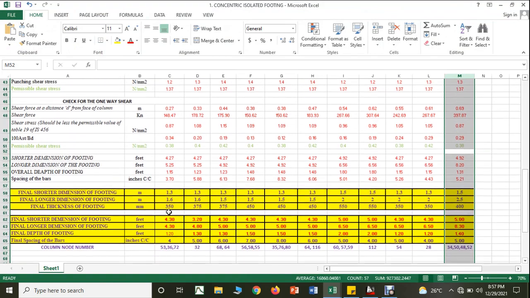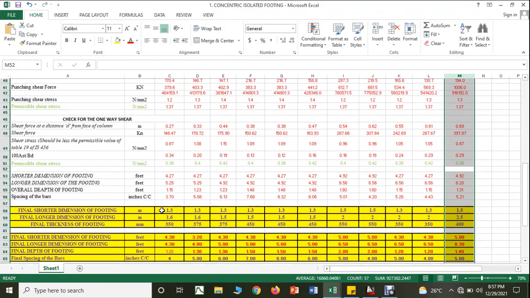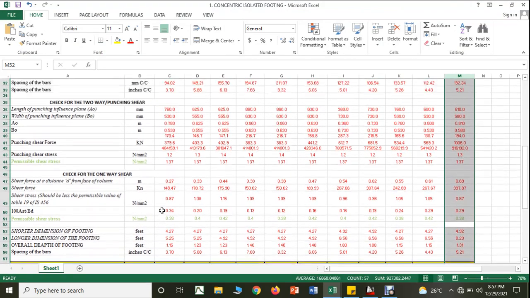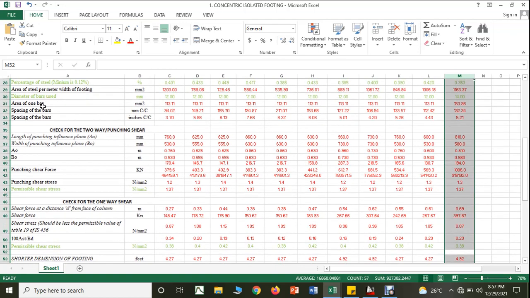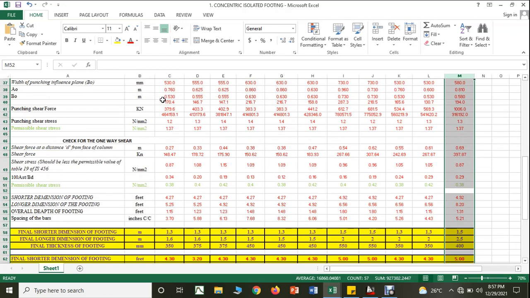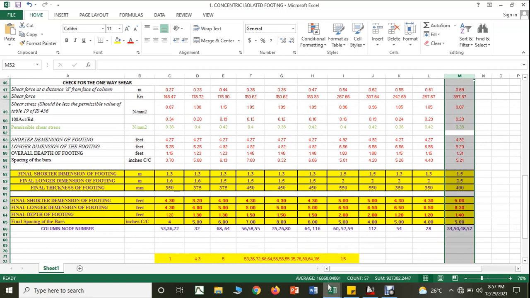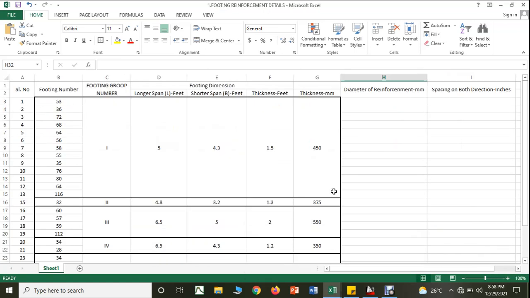For these 3 columns, 56, 32, 72, the diameter is 12 mm. So the same thing, it will be 12, right?